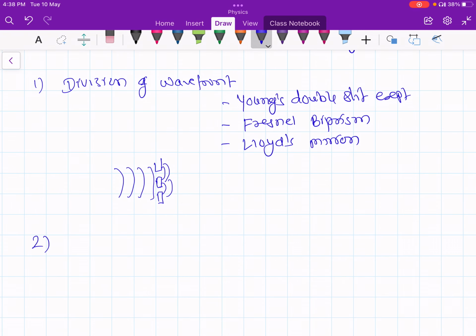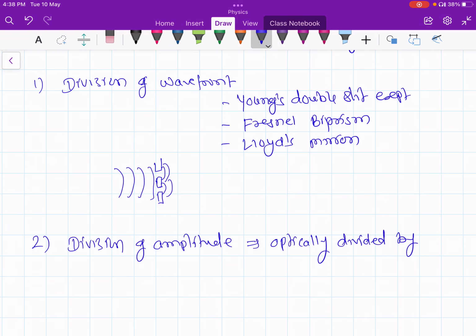The second method is division of amplitude. In this method, the beam is optically divided by partial reflection and refraction.